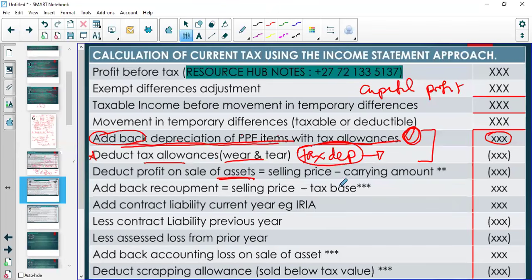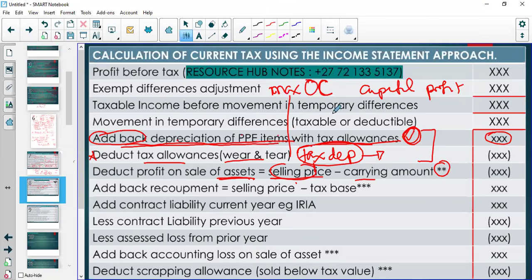So we are going to say the selling price. Why did I say the selling price here? Well, yes, it's correct: the selling price minus the carrying amount. But this selling price is up to the original cost. The maximum of that selling price should be the original cost of the asset.